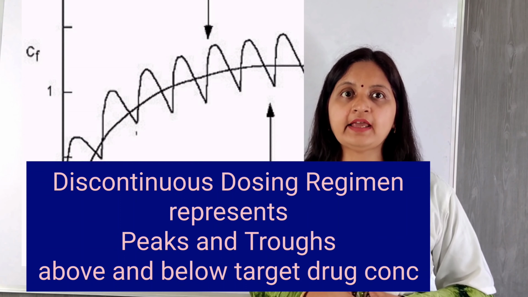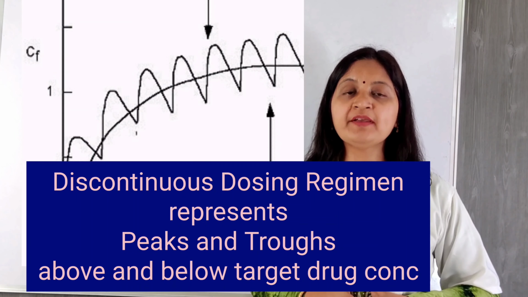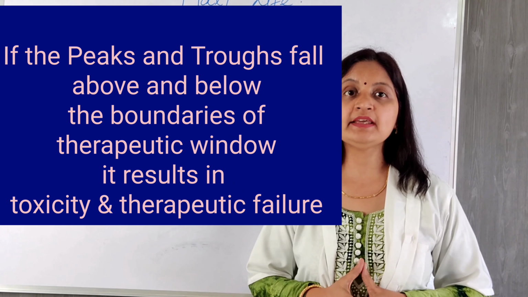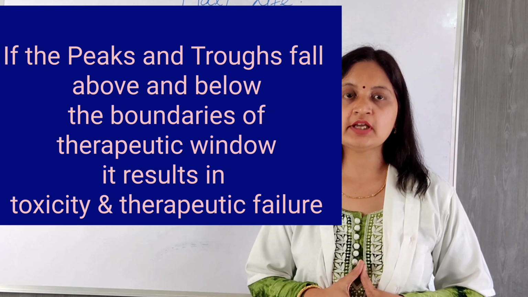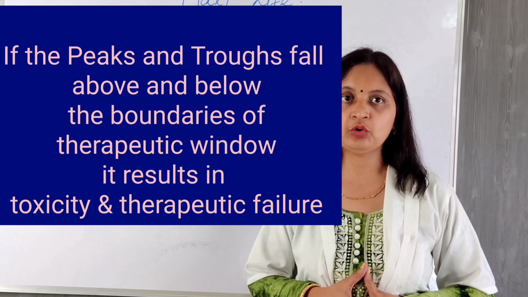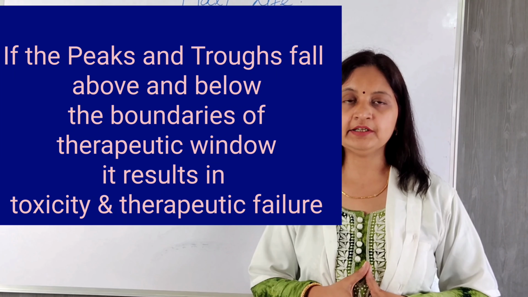So this results in peaks and troughs above and below the target drug concentration, and sometimes the peaks and troughs are so large that they fall above and below the boundary of the therapeutic window, resulting in therapeutic failure.